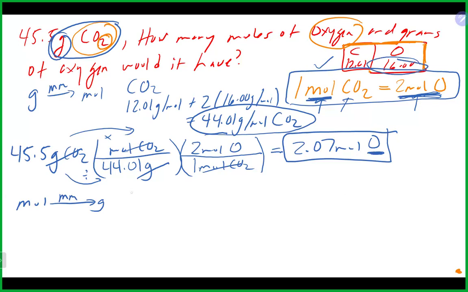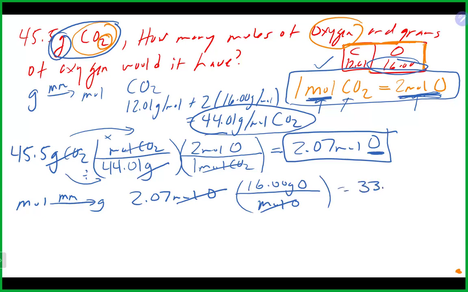So here we'll take our number, 2.07 moles of oxygen, using the molar mass, 16 grams on top, and we need moles of oxygen on the bottom so that they cancel. And that will yield approximately 33.1 grams of oxygen in this case.